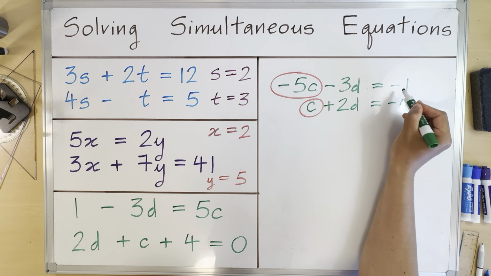Now we're going to isolate the variable letter d by dividing both sides of the equation by positive 7.